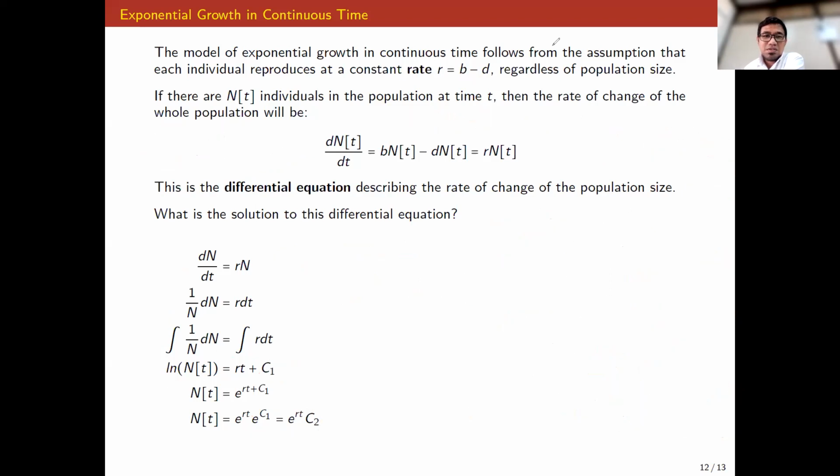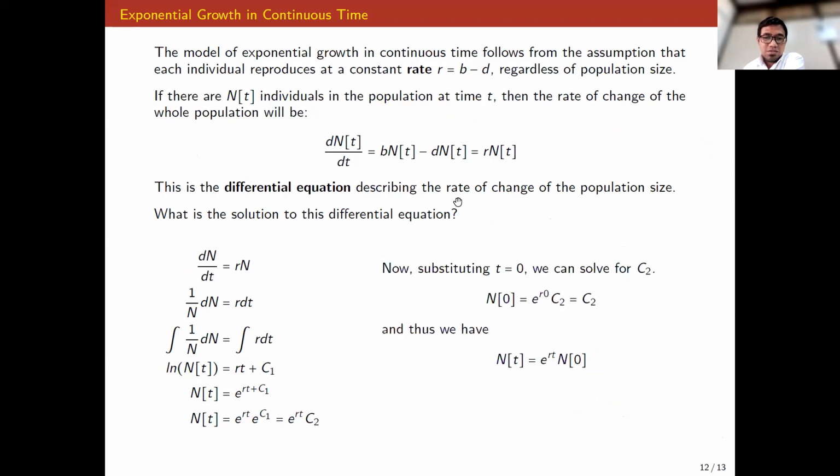Okay, now we continue. Now substituting t equals 0. Why do we have to substitute t equals 0? Because we have the data n naught. N naught is given, provided. We know this value. So if we substitute t equals 0, n naught equals e to the power of r times 0, which is e to the power of 0, which is 1, times c2.